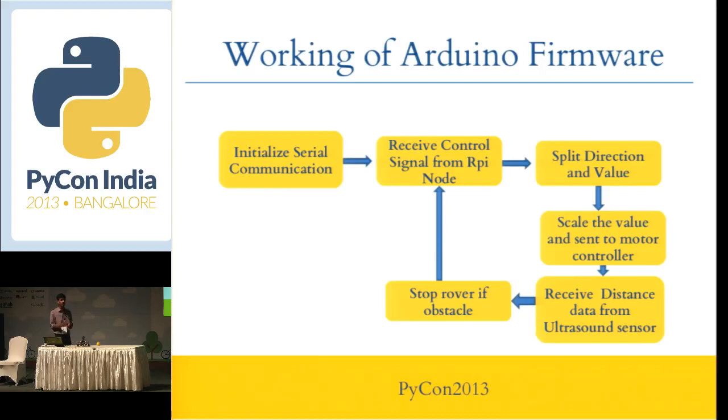If it is left, the direction value will be L, and if it is right, the direction value will be R. Then it scales the offset value and sends it to the motor driver. It also receives the data from the ultrasonic sound sensor and stops if there is any obstacle. Then it repeats the loop: it receives the next command and processes it.